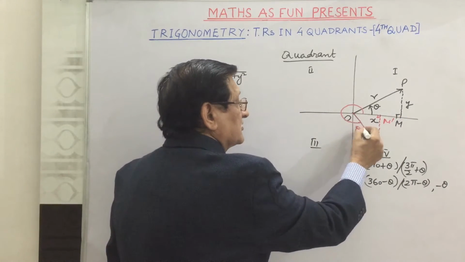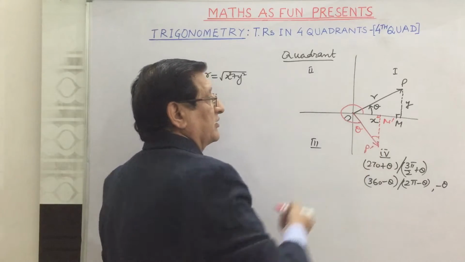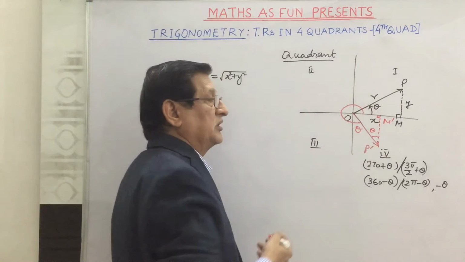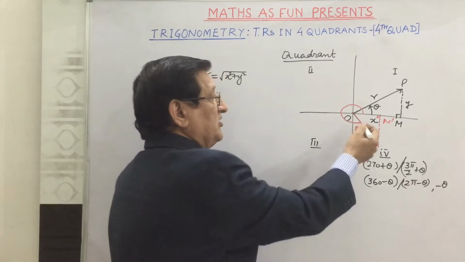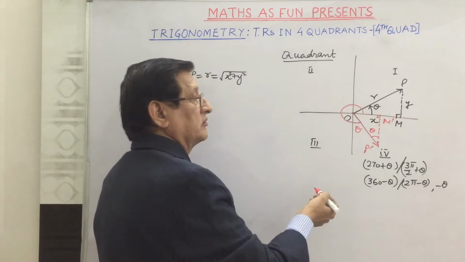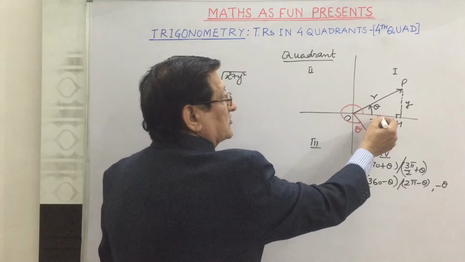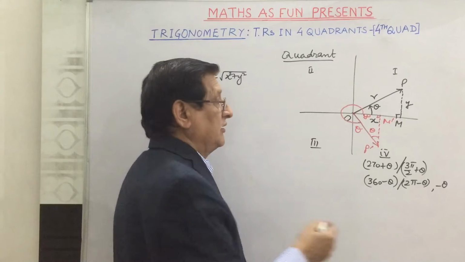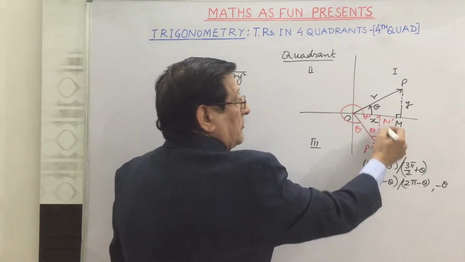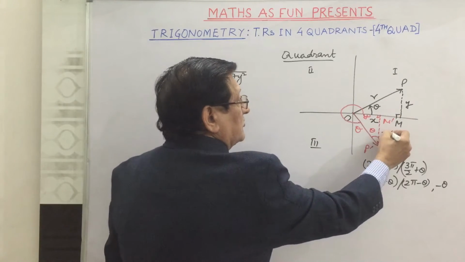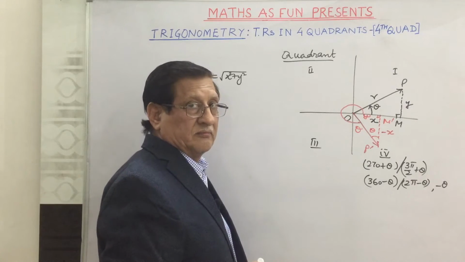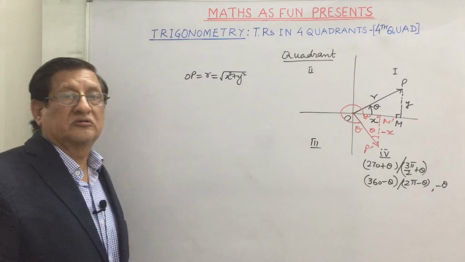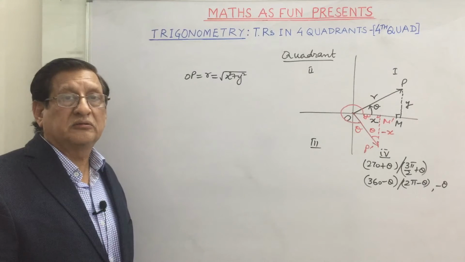If this is theta, this also will be acting as theta, because they are alternate interior angles. And then we say that these two triangles are congruent, and we find this is same as Y. This will be same as X, but this is in the negative direction, so it will be minus X.